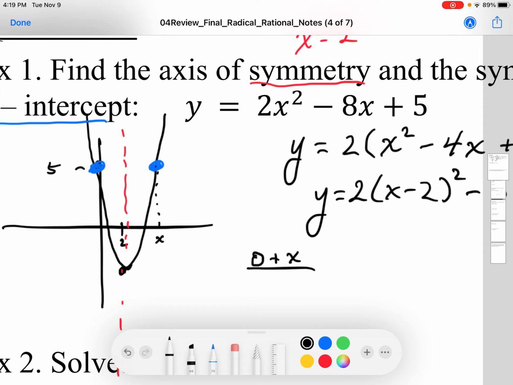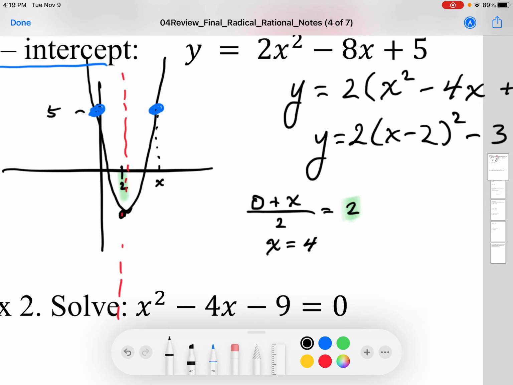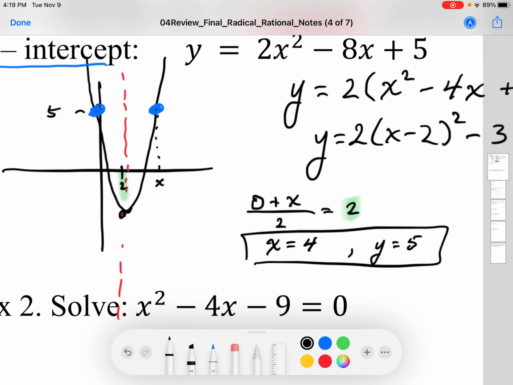That 2 comes from there. And then I can just solve for x. Cross multiplying, I get 0 plus x equals 4. And there's the coordinate, the position of the symmetrical point to y equals 5 and x equals 0. So there's my symmetrical point.